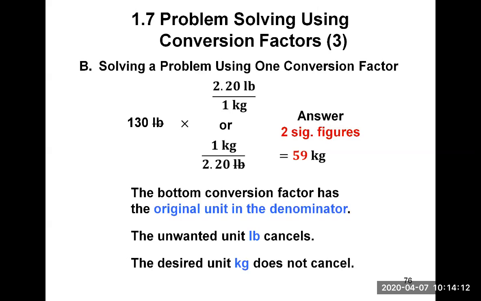So you would look for metric to US conversions, and pound and kilogram are units of mass, so you would look for mass, and then metric to US. In there, we know 1 kilogram is equal to 2.20 pounds.